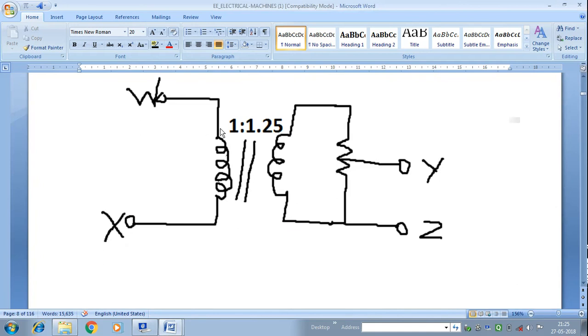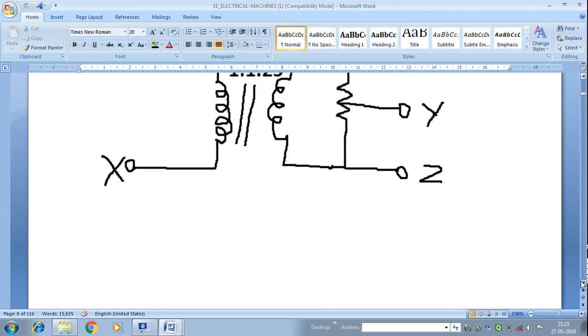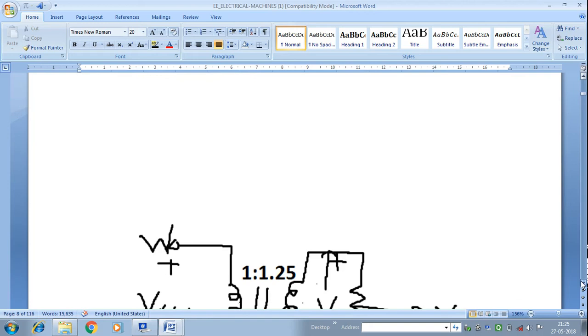So this is the question given. This is the transformer. This is the supply terminal, that is WX, and this is the attenuator. Here we can see the solution figure.